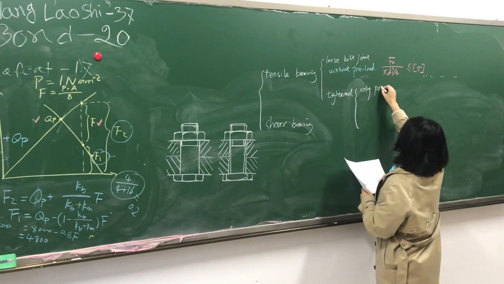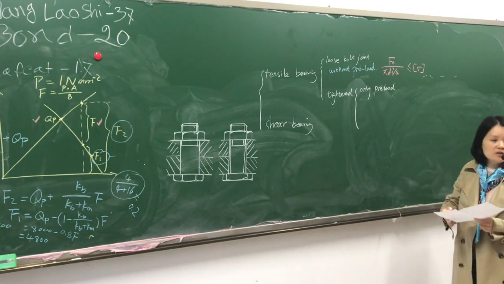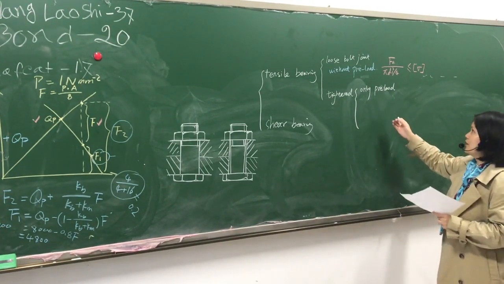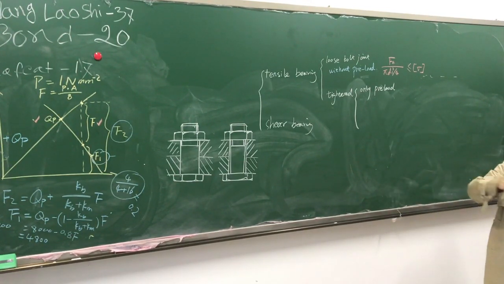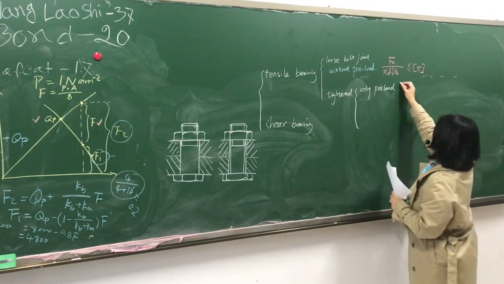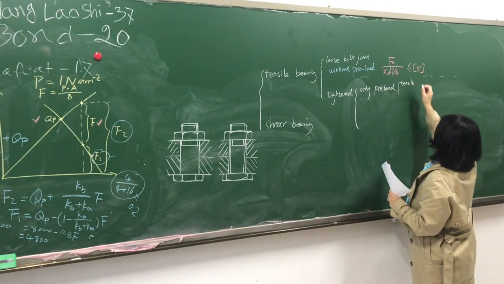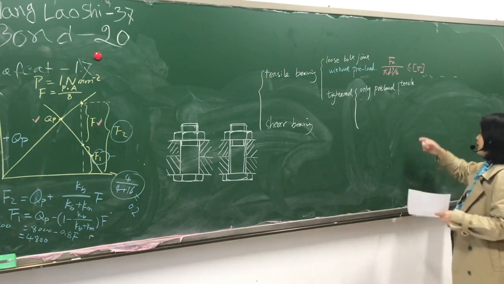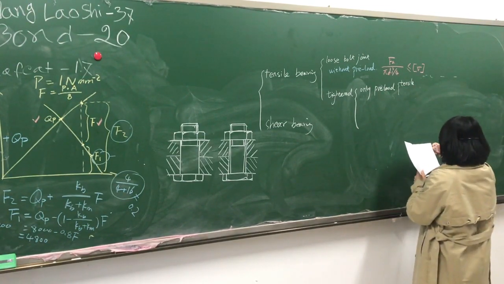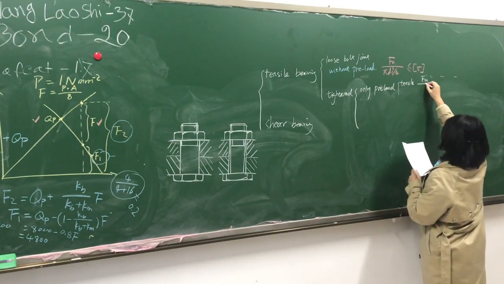only preload. There is only preload, and the preload can cause the elongation of the bolt. So there is a tensile stress on the bolt, and the tensile stress should be expressed as FA times.